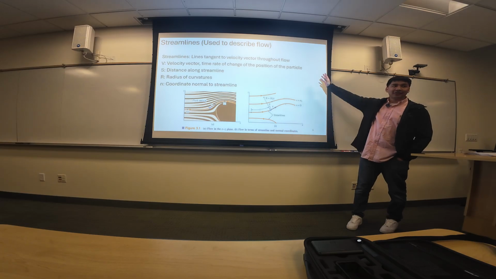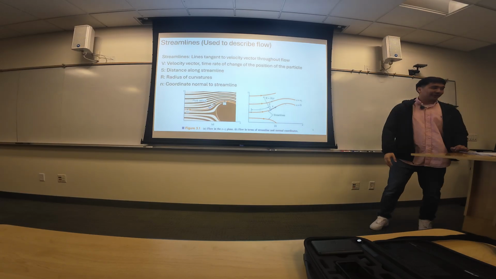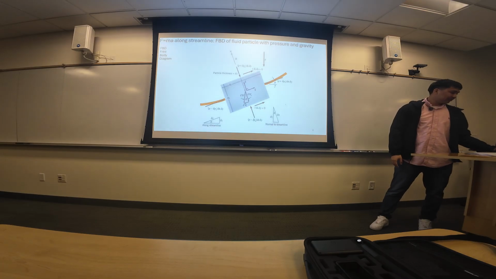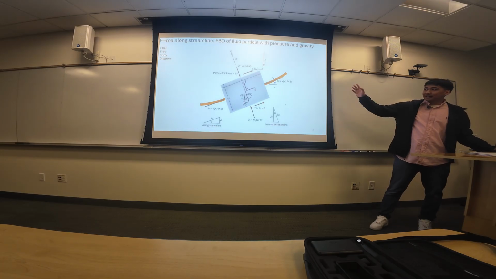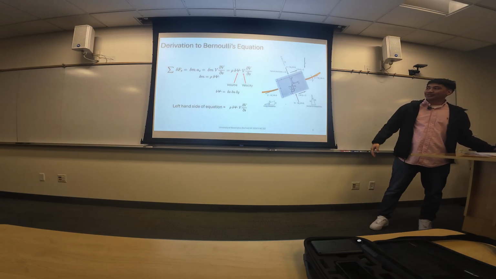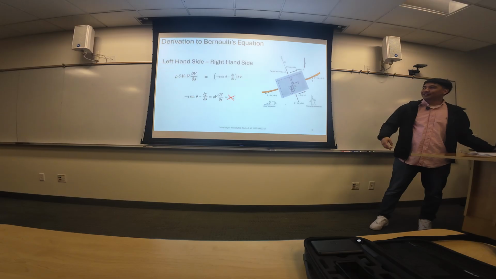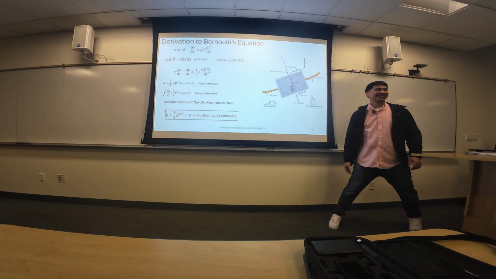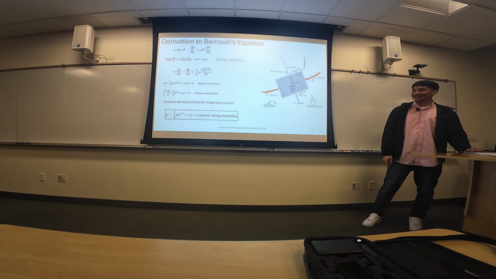And these are all the variables defined, okay? The only reason why this is up here is to derive Bernoulli's equation. Okay, this is the free body. I went into depth. I'm not gonna do it again. So this is just deriving, bang, important equation. Okay, so that's important.